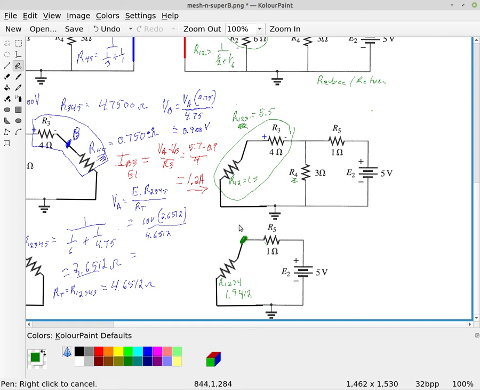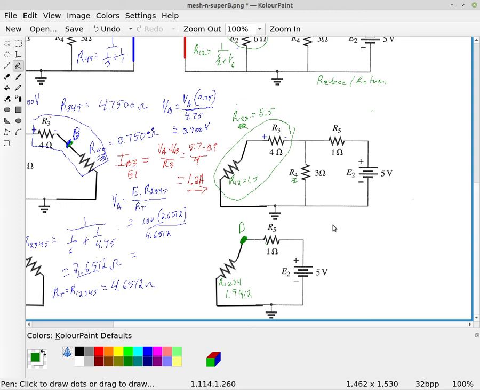I'm going to call this node D. It was node B over here, but it's different here because we reduced in the opposite direction, so the circuit's a little different. I forgot node C, but we'll call this node D.